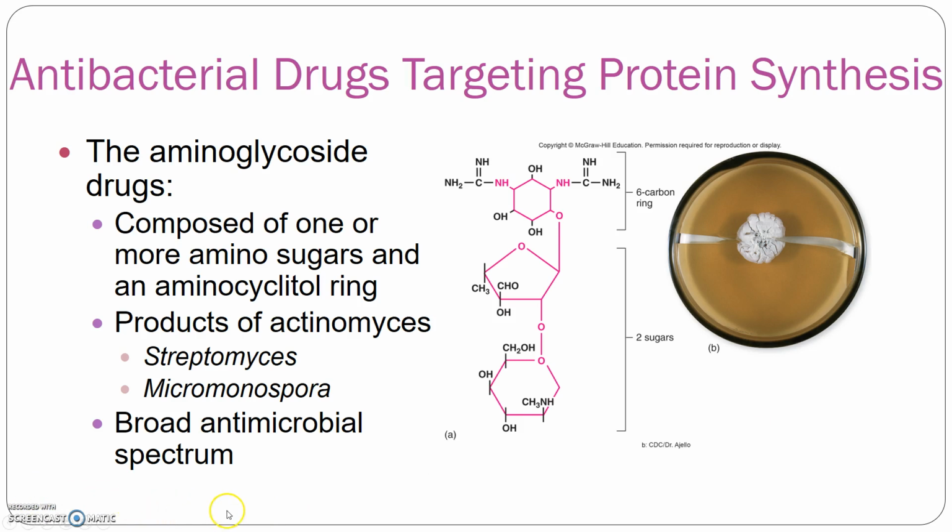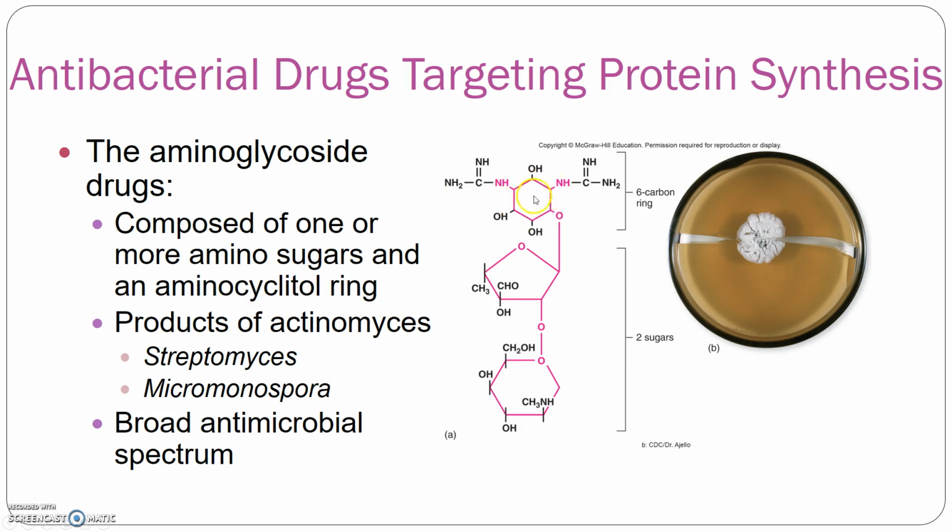All right, so we'll move on to some drugs now that target protein synthesis, okay? So the first class we'll talk about are the aminoglycosides. The aminoglycosides are composed of one or more amino sugars and then an aminocyclitol ring.